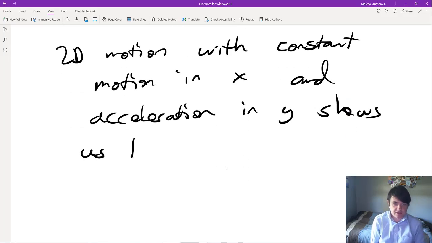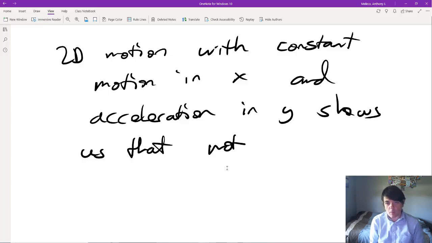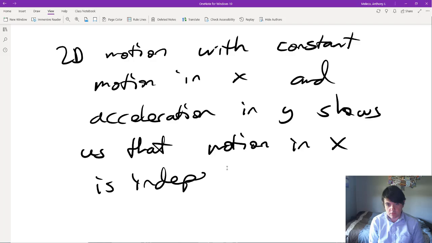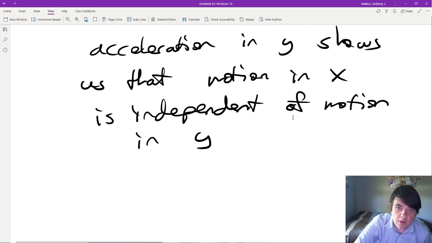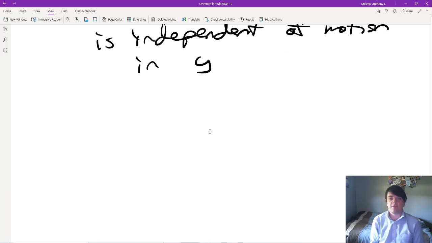It shows us that motion in x is independent of motion in y. The motion in the x direction is completely independent of the motion in the y, and the reason is that the forces that are acting only act in the y.